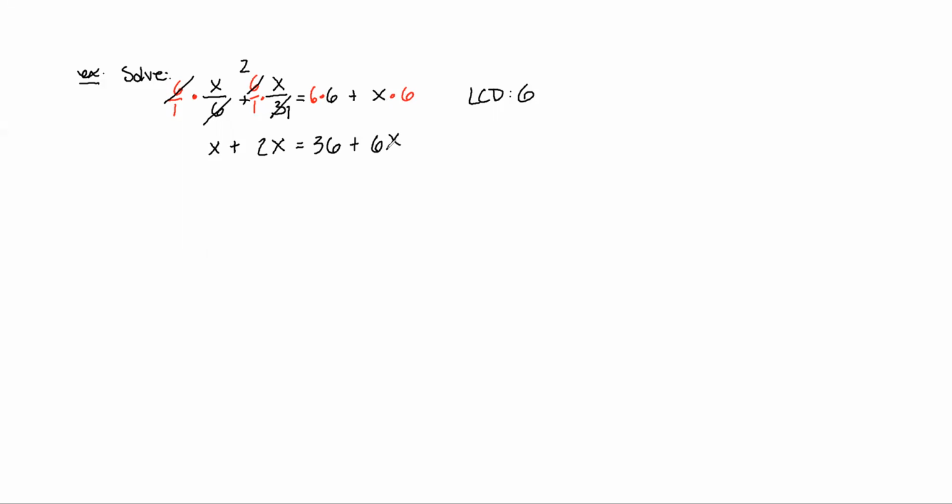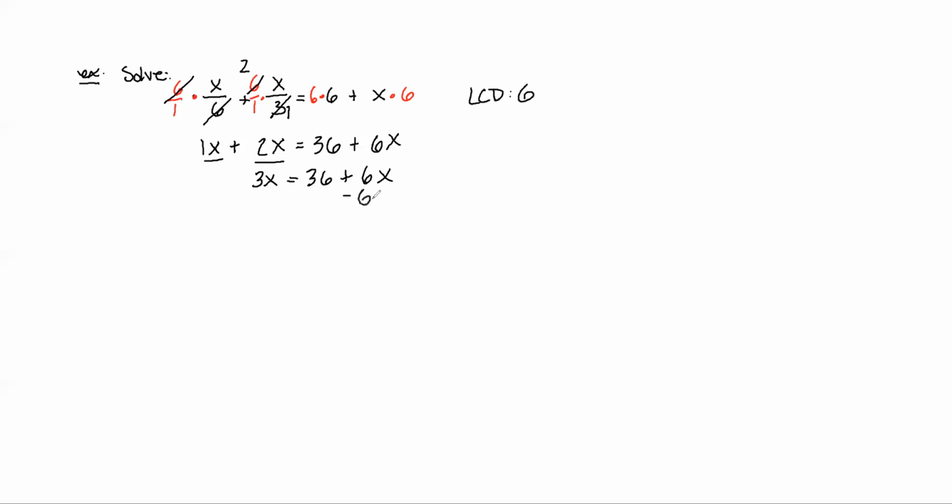Now let's go ahead and combine like terms and solve this one. Should be a nice linear equation. So we'll combine on the left and we get 3x. So we had 1x plus 2x equals 36 plus 6x. The constants are all on the right, so I'm going to move the 6x over to the left.